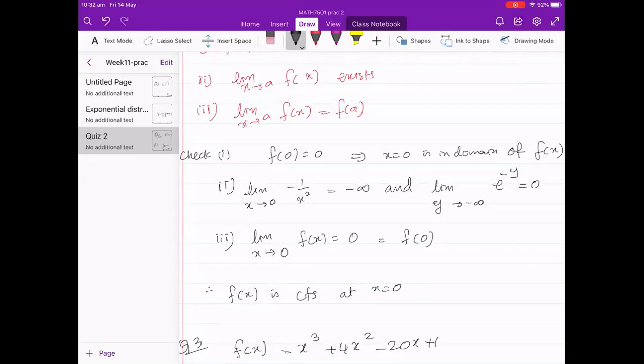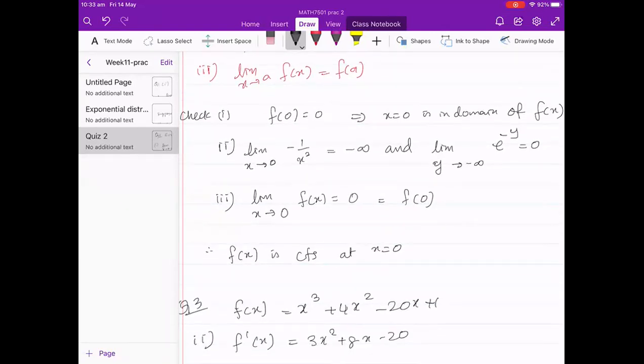Should be easy. What's the first derivative? Yeah, 3x squared plus 8x minus 20. Second derivative? Yeah, 6x plus 8. Thanks, Ashish.